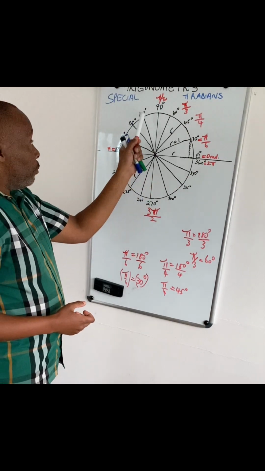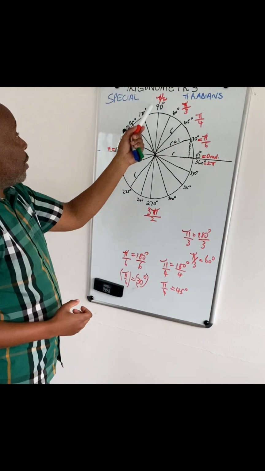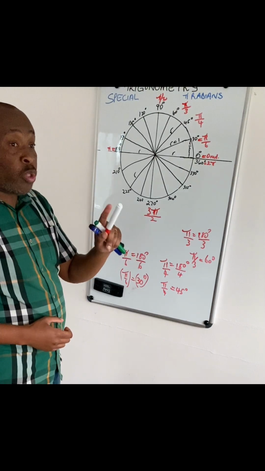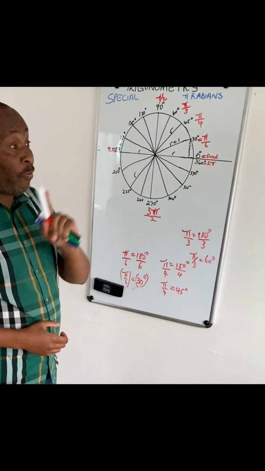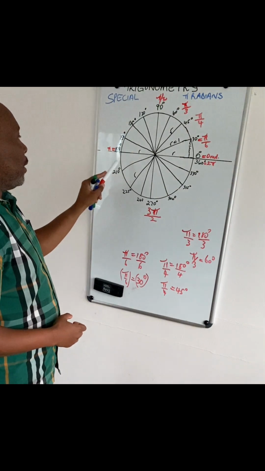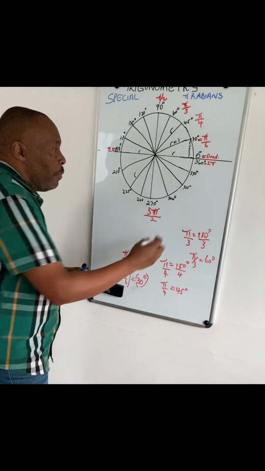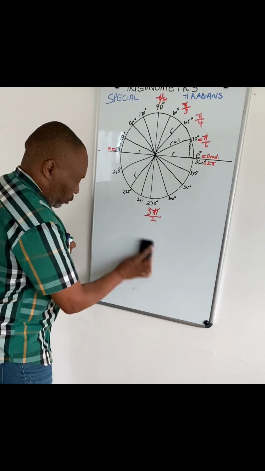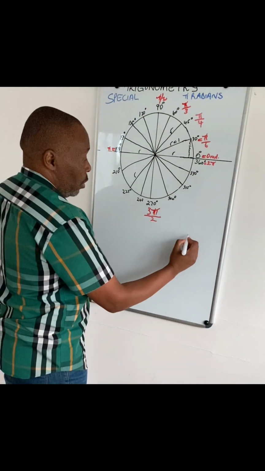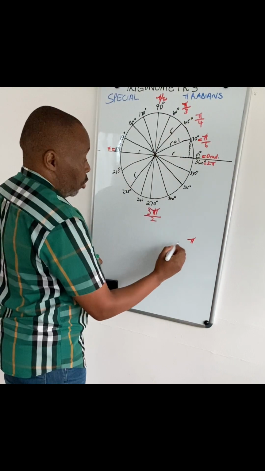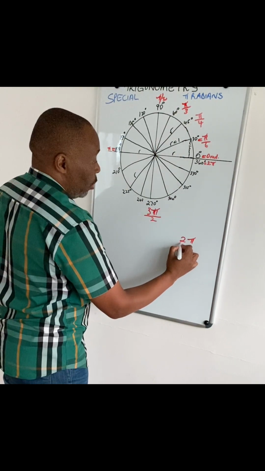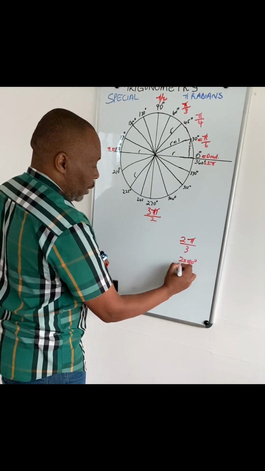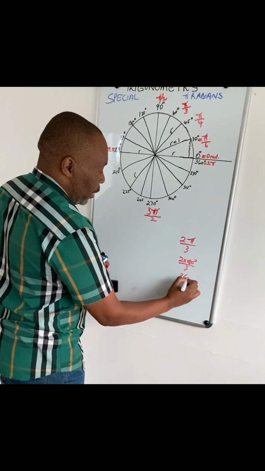So we carry on to 120. With 120, we're no longer looking just for a number to divide, but we're also looking for a number to multiply and then divide, because we're working from 180. So it will be 2 pi over 3. So 2 times pi, it's 2 times 180 degrees over 3. 2 times 180 is 360 degrees.